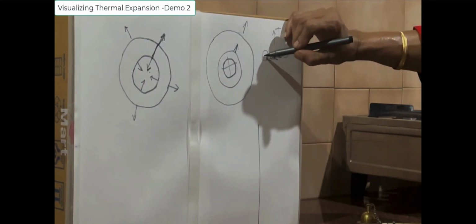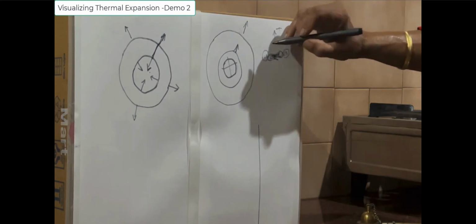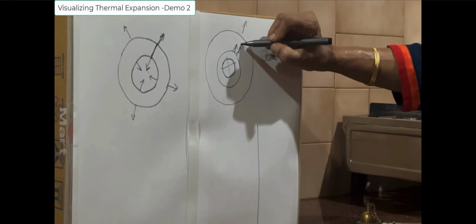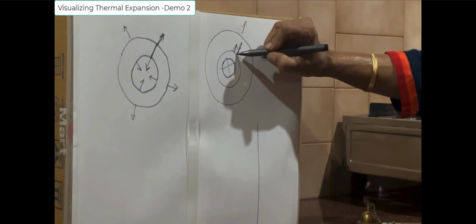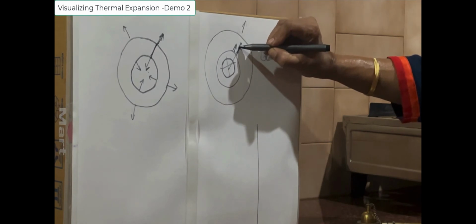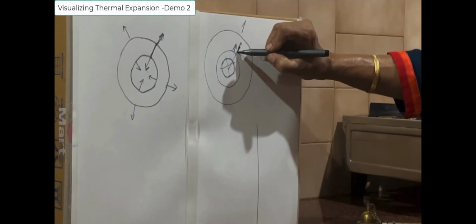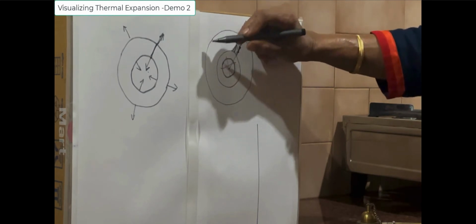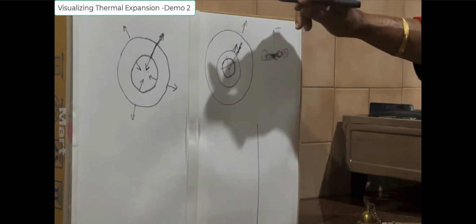Since the vibration is for a longer distance, all these molecules which were vibrating have now started vibrating like this, and therefore the center of mass has gone much more than the previous position, giving rise to a larger diameter, both internal as well as external.